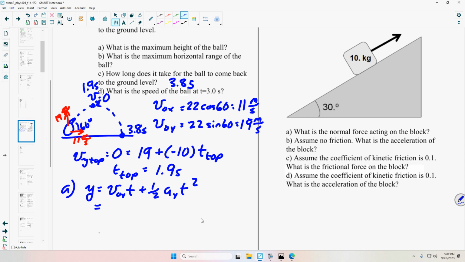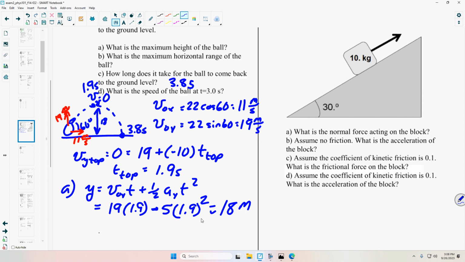So I get V naught y, which is 19, times 1.9 minus 5. That's just half of negative 10 times 1.9 squared. That's 18 meters. So that means that distance right there is 18.